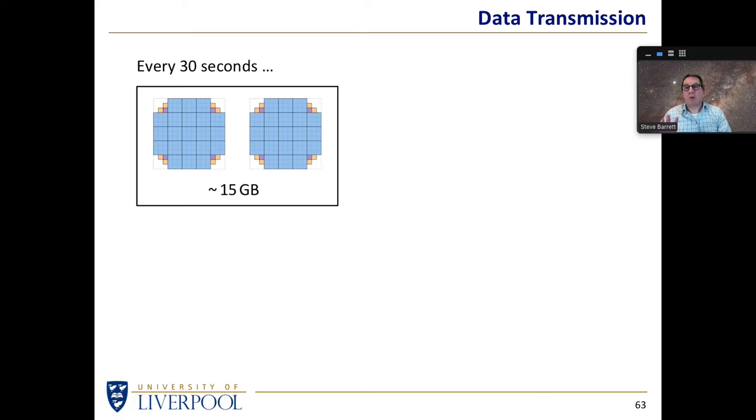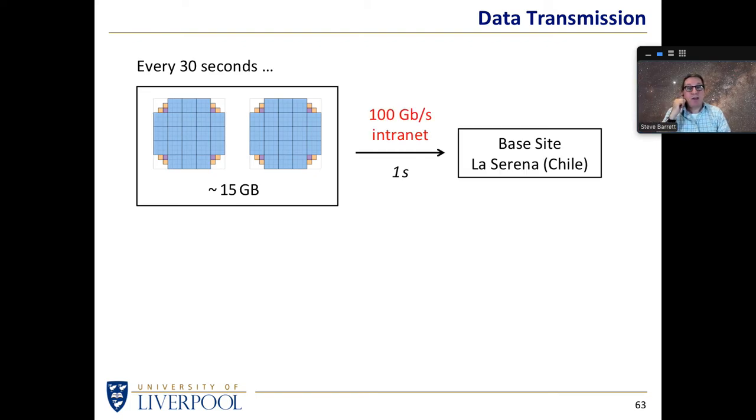Once the telescope has taken those 2 pictures, whilst it's heading off to take its next picture, it will send that information down from the mountain top to the base of the mountain where the LSST HQ is. It'll do that over a 100 gigabit per second intranet link, and it will take about 1 second to send the 15 gigabytes down the mountain.